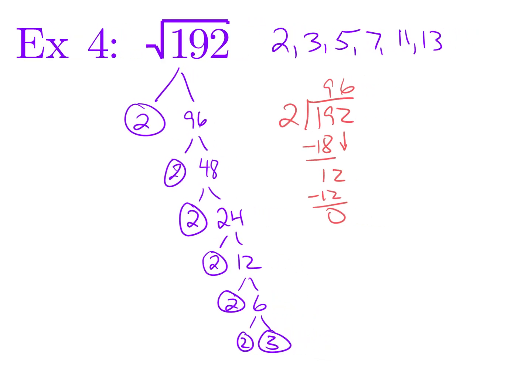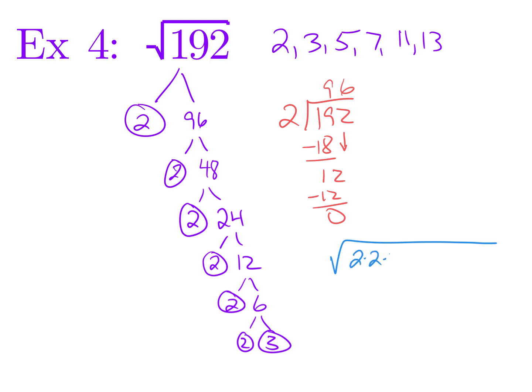So now what we need to do is set up our radical. And how many 2s do we have? 6 of them. So let's put them all in there. And then we have 3. Remember, you want to put all of them on there.